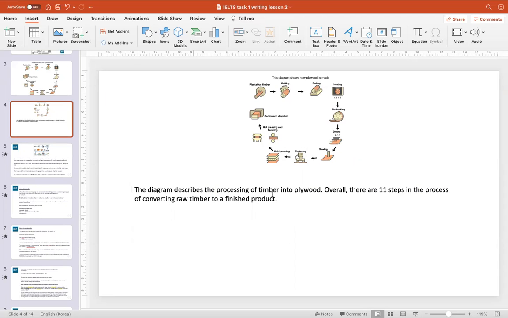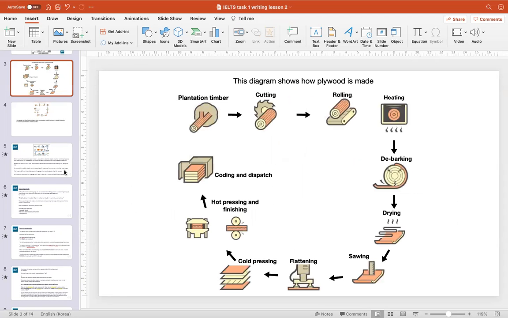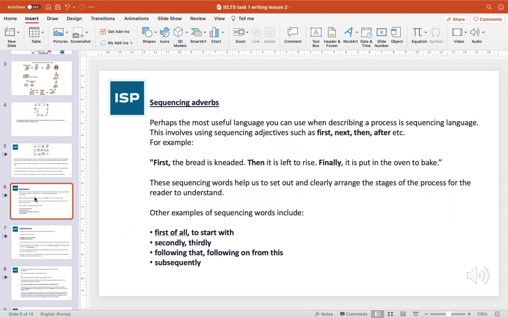So we start now to actually describe the process. How can we begin? It's for cutting the timber. Yeah. So we need to have a sequencing adverb. Which would you like to choose? First of all. Nice.